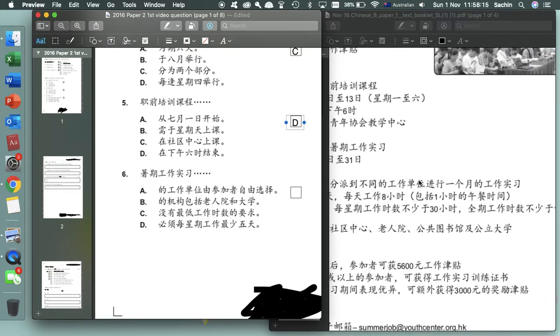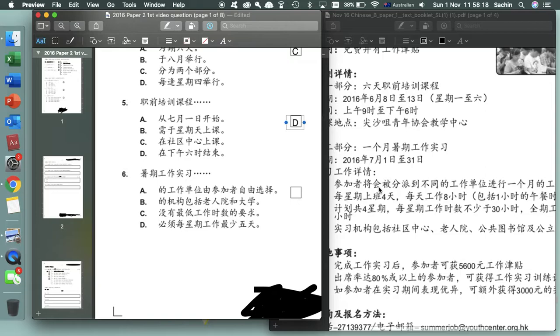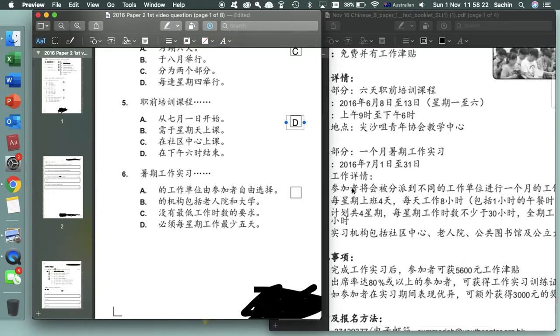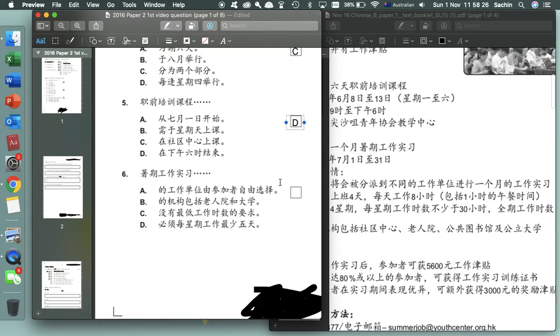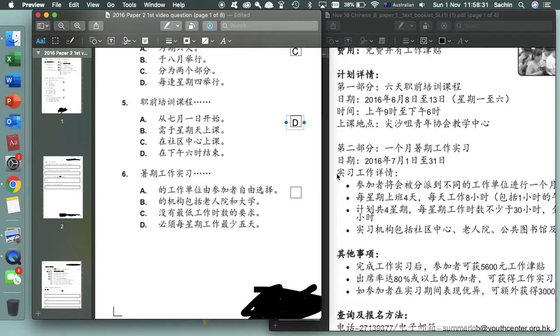And seeing here, there's nothing referencing their ability to choose. So A, there's no 自由, which is free. So nothing about freely choosing here. So A is not going to be the correct answer.